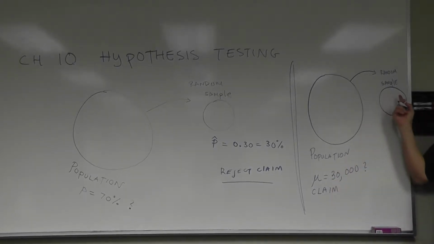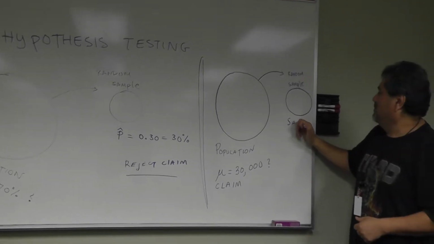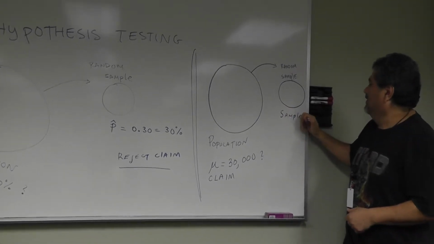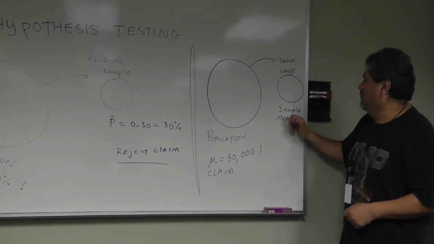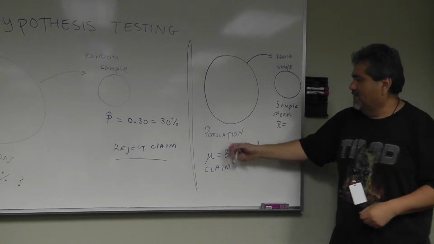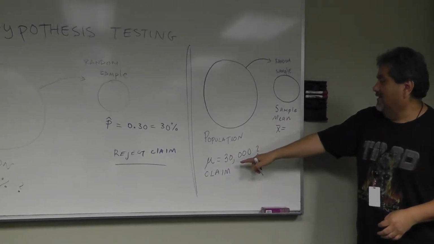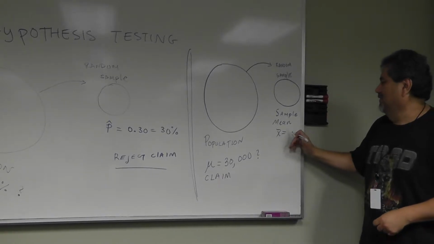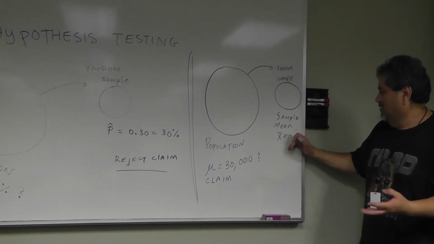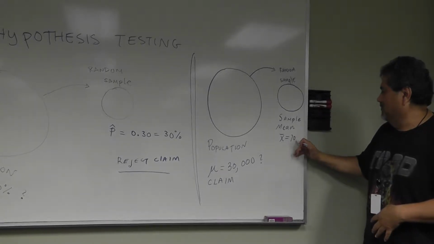So we take a random sample and we find the sample mean. All right, so the sample mean in this case, we are going to label that with an X bar. And for the sake of this illustration, let's say that X bar is equal to 70,000, right?